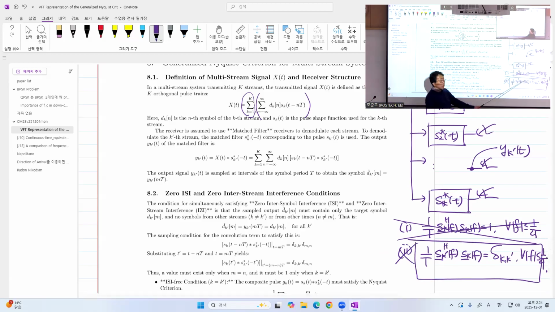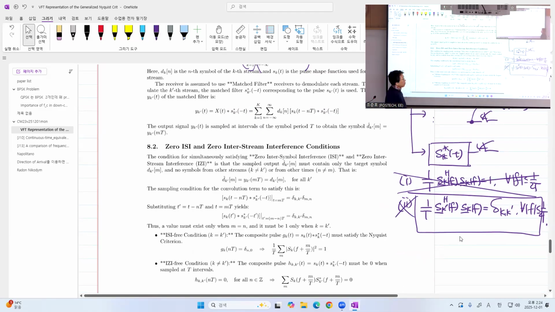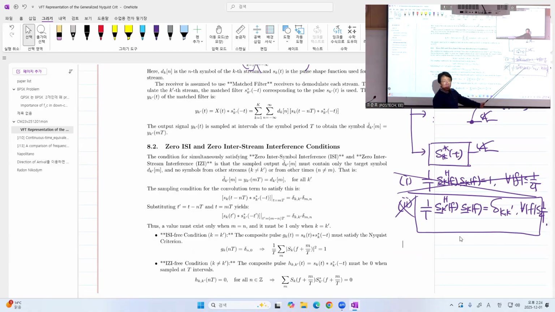As long as k equals k prime, you have the previous square root Nyquist criterion in terms of the vectorized Fourier transform. And if k prime differs from k, then you have kind of orthogonality of the vectorized Fourier transforms for all f. So how many scalar equalities do you have here, given k prime and k?